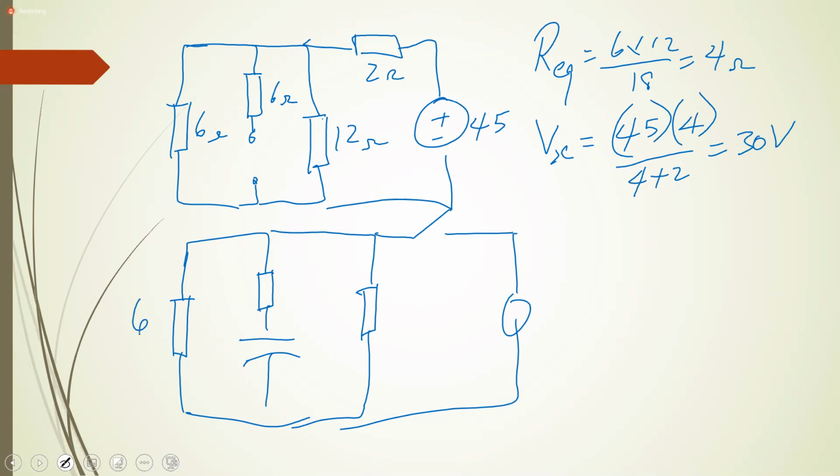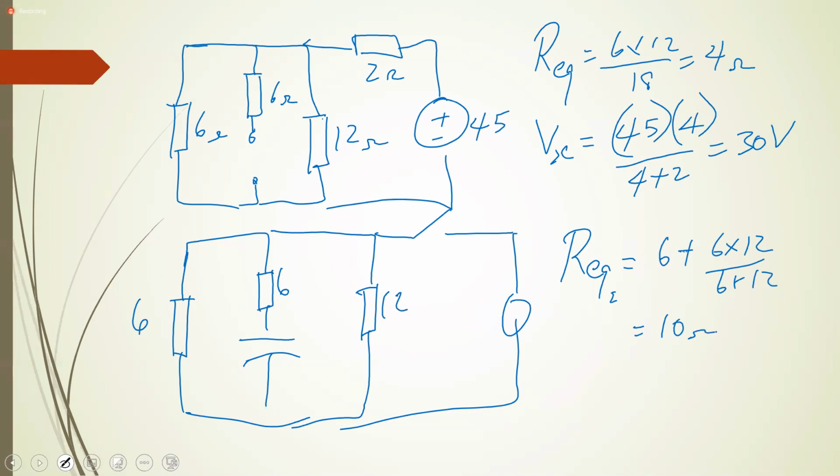So what's the equation? 6 times 12 over 6 plus 12, and then add it to 6. That gives you 10.